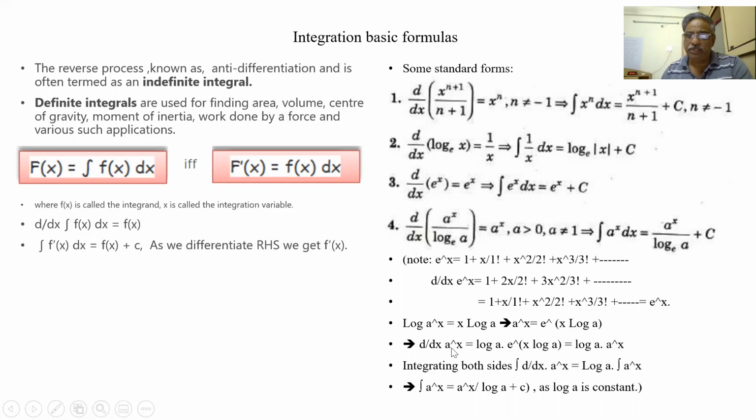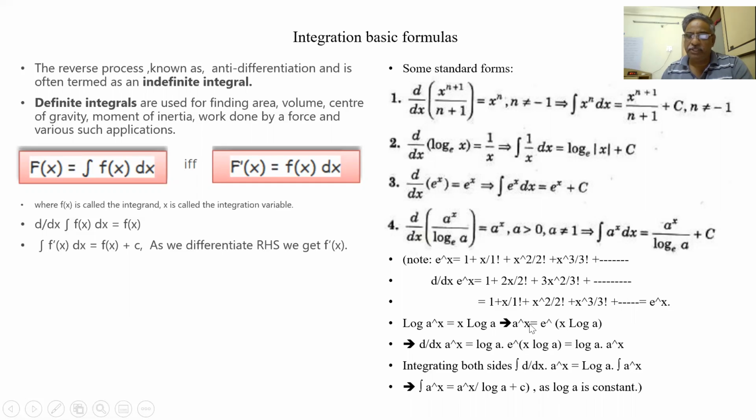Now d by dx of a to the power of x is equal to e to the power of x log a into the differentiation of x log a, which is log a. So log a into e to the power of x log a. But e to the power of x log a, we know, is a to the power of x. So it is log a into a to the power of x.